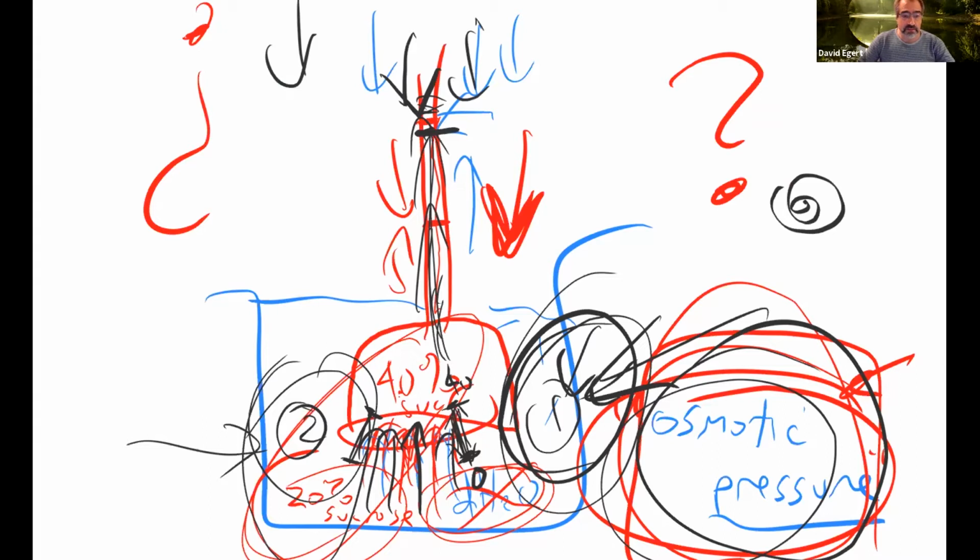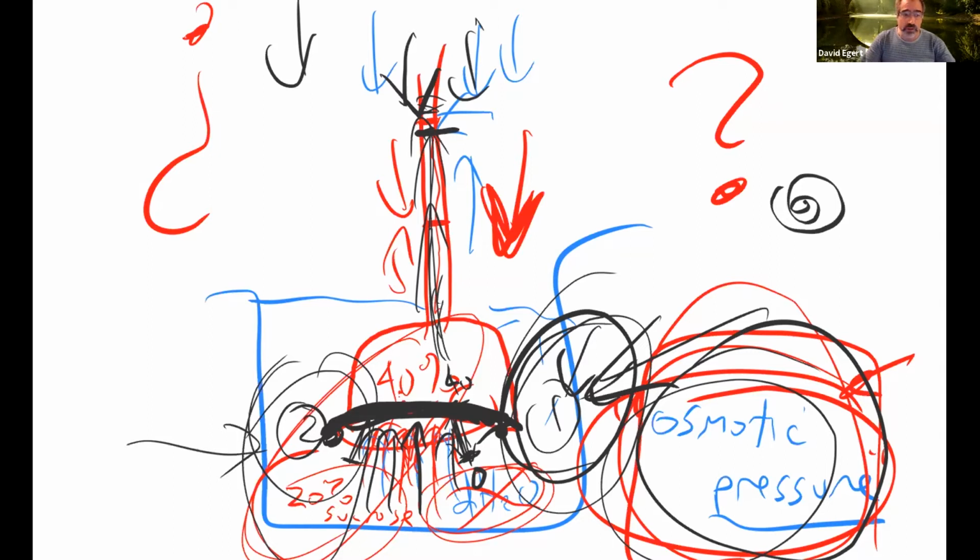Actually setting this thing up can be tricky. You've got to really make sure you seal the little membrane really well so it doesn't leak.